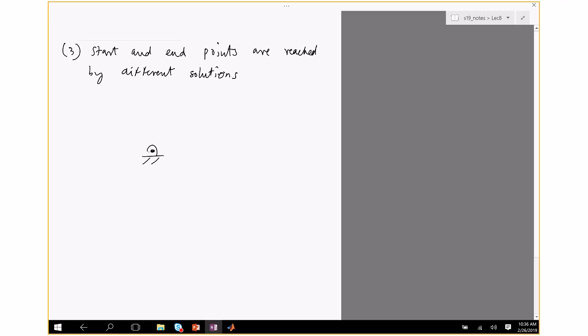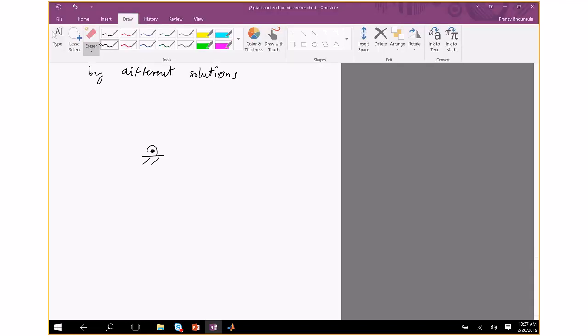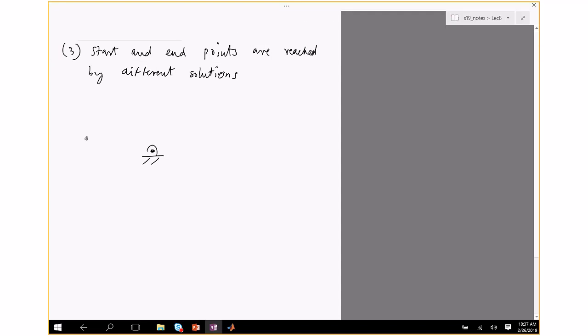So, a two-link manipulator, you want it to move from A to B, start to goal. When you want to reach A, you do this. When you want to reach B, you do that.